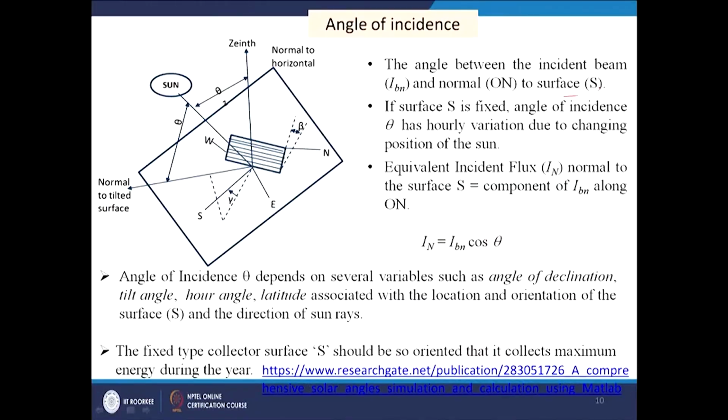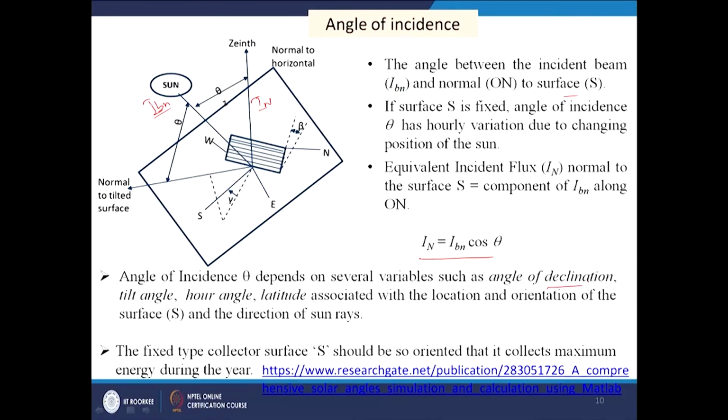So, the angle between the incident beam and the normal to the surface, theta, is the angle of incidence. If IBN is the intensity of light here, then normal to the plate we get IN. So, IN is equal to IBN into cos theta. This is the relationship between IN and IBN.